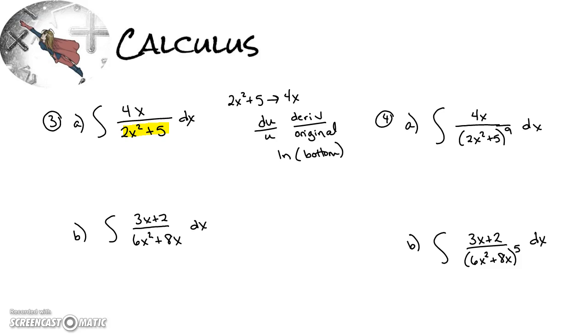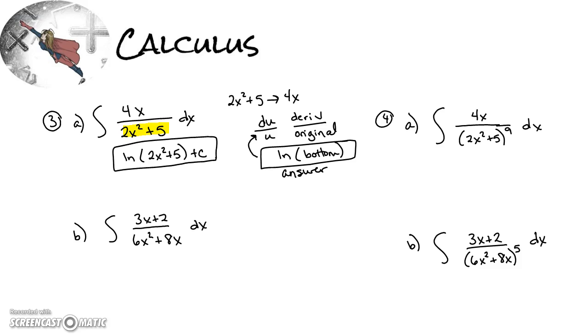So this is what the answer will look like. Be on the lookout for this happening. That's exactly what we have in part A here. So if I just write ln of 2x squared plus 5 plus c, that's the answer.